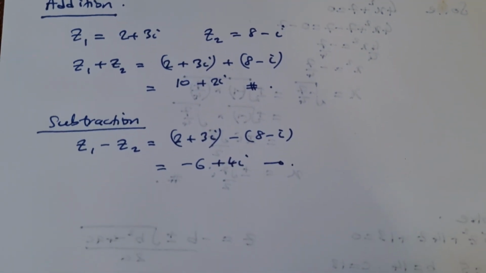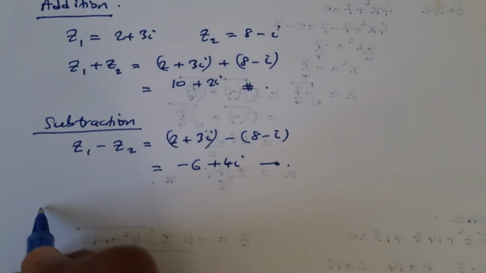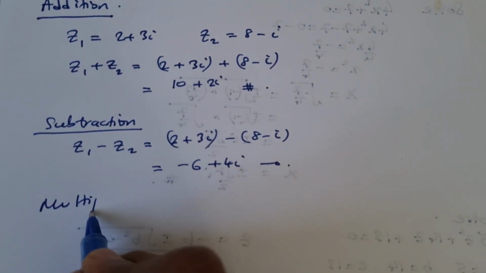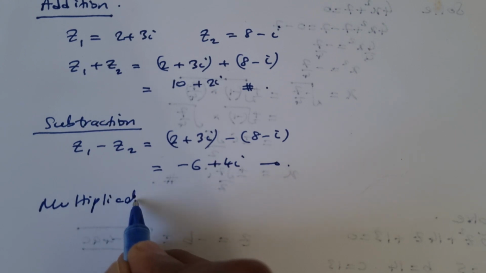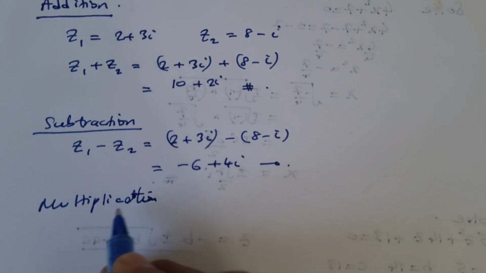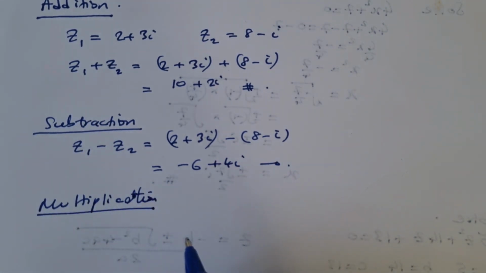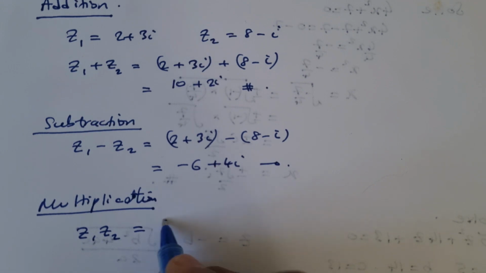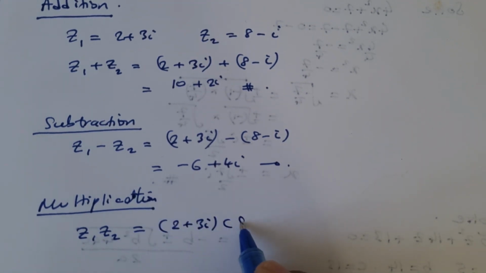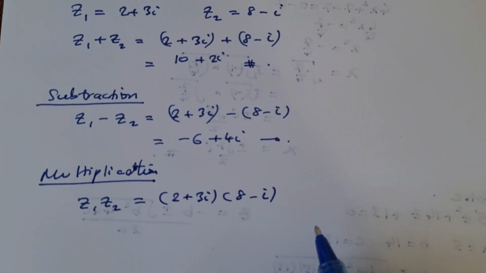And what about if I were to do a multiplication of complex numbers? For multiplication, we can have z1 times z2, and if we were to do this, it's looking more like a quadratic expansion to me, because we've got a set of two factors. Each factor's got a real and an imaginary part.